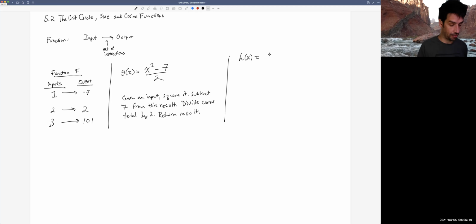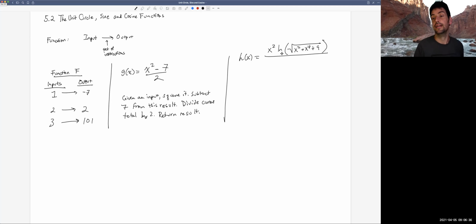I won't write this one down in words, but I could have something like x squared times the natural log of the square root of x squared plus x to the 4th plus 9, all divided by x to the 1/3 power plus 2x, or something, whatever it is.